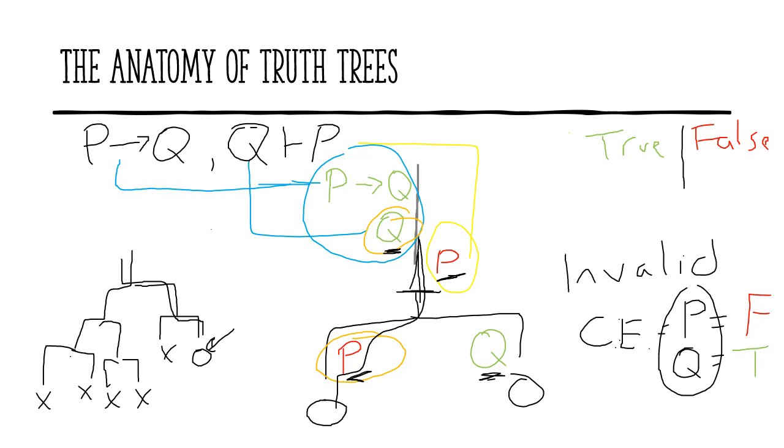Again, when we start doing more practice problems and we go through them, hopefully the repetition will make it make more sense. But I'm just trying to give you a diagnosis of what truth trees are and what we use them for. We use them for determining the validity of a sequence. We take these sequences and we want to know whether or not they're valid or invalid.